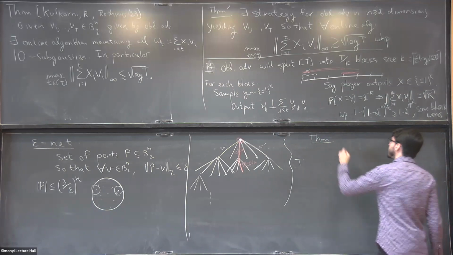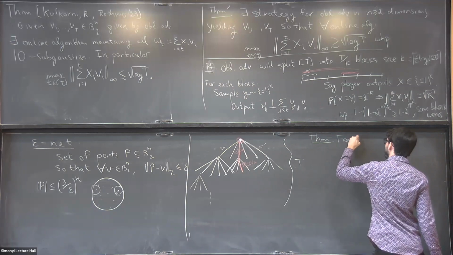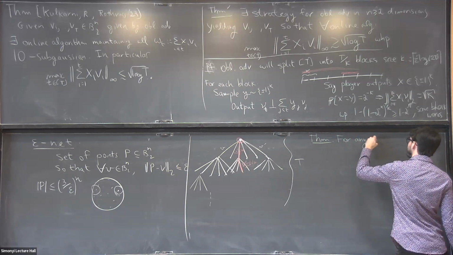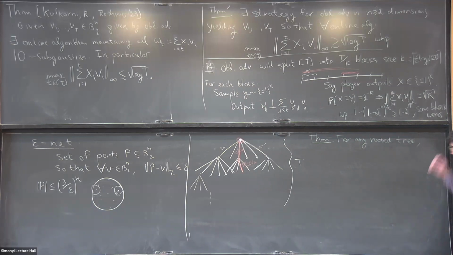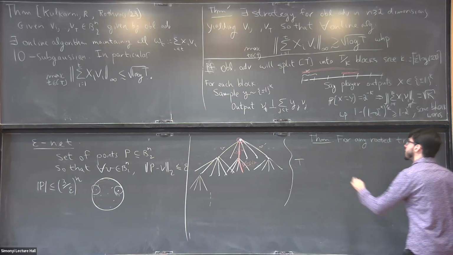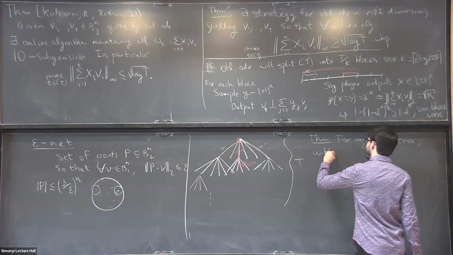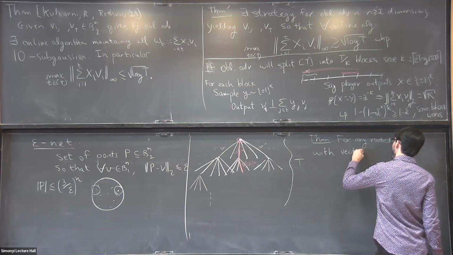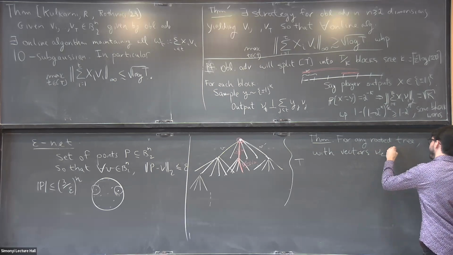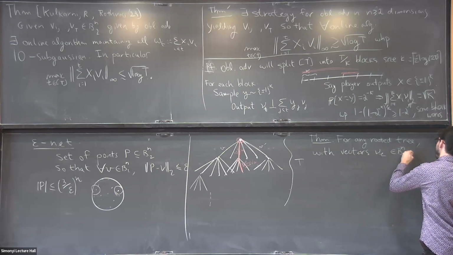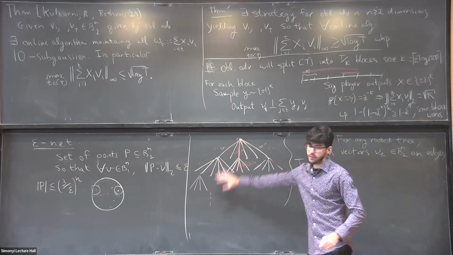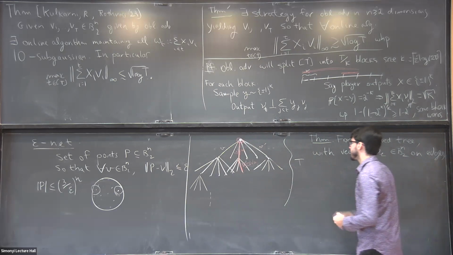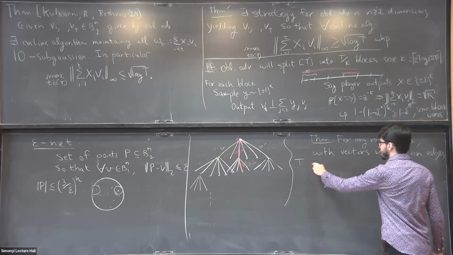We show that for any rooted tree with vectors on the edges, there is always a distribution over the entire set of edges of the tree. So conveniently, there's a T written here, so I'll just use it.